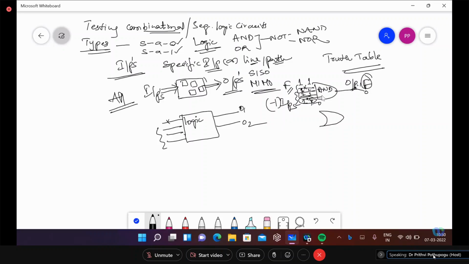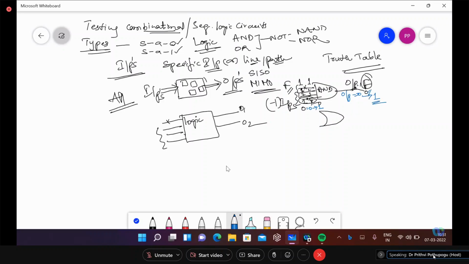Now, if I want to test for the other case, if I make this 0, output will be 0. You make that 0, output will be 0. The fourth input is 0. Now, if any fault is happening on this line, because the other inputs are not influencing, if it is faulty, meaning it is 1, it derives the output to be 1. This is stuck at 1, stuck at 0 and stuck at 1.